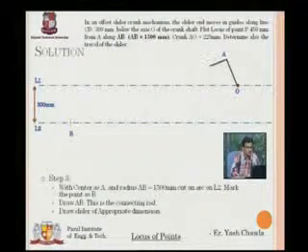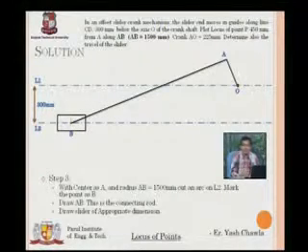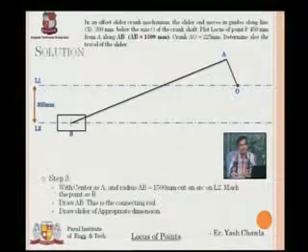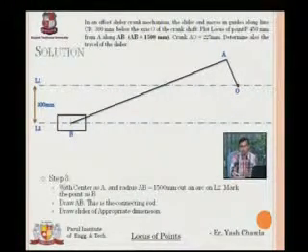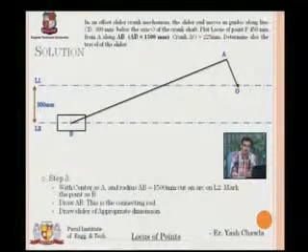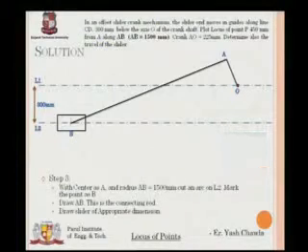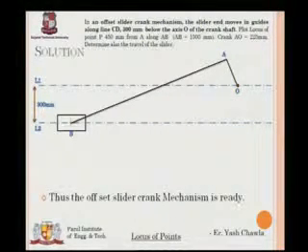Now I will draw the connecting rod AB, and then I'll make the slider of appropriate dimension, which is not mentioned in the question, how big the slider is. So I'll take a normal sizable slider to show that this is the slider. So here we have the slider and crank mechanism ready. Offset slider and crank mechanism. Okay, so it is ready.